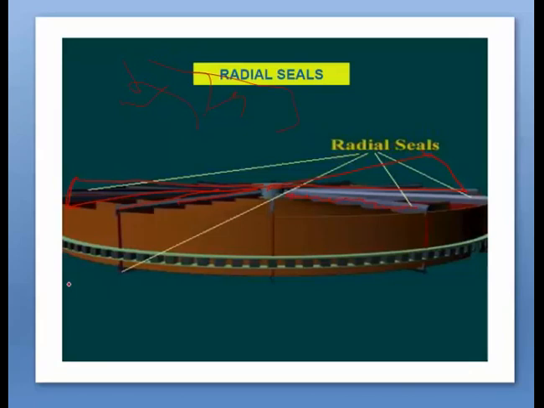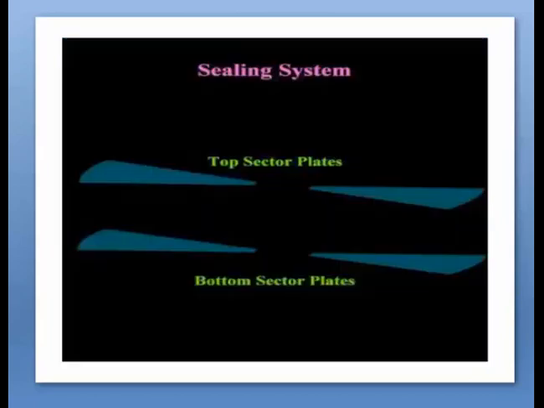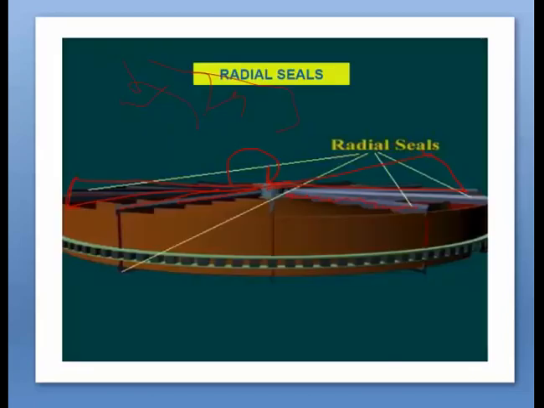So when this rotor rotates, this also rotates, and these projected radial seals bear against the contact surfaces of the top sector plate and bottom sector plate.